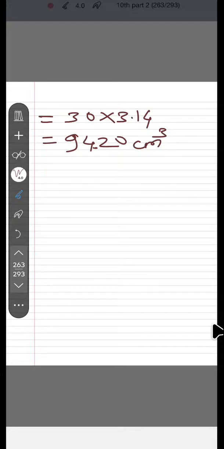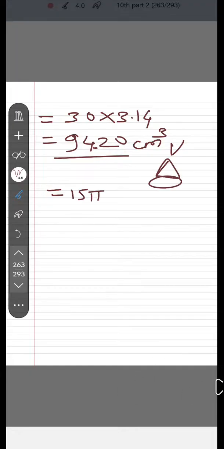Now here they said the surface area of the toy. This is the volume of the toy. They also asked to find the surface area of the toy. So the curved surface area is equal to the curved surface area of the cone and the hemisphere, which is nothing but 15 pi plus 18 pi.